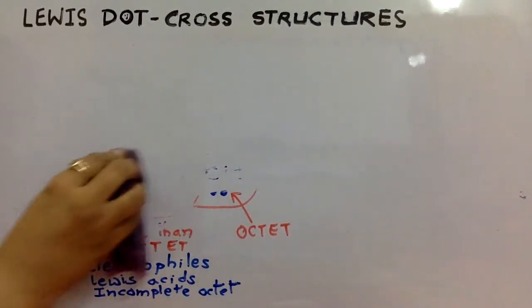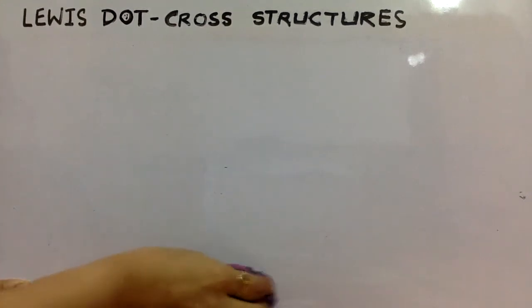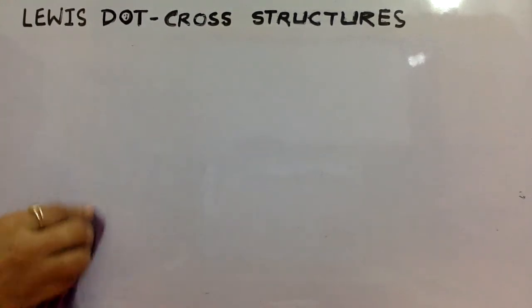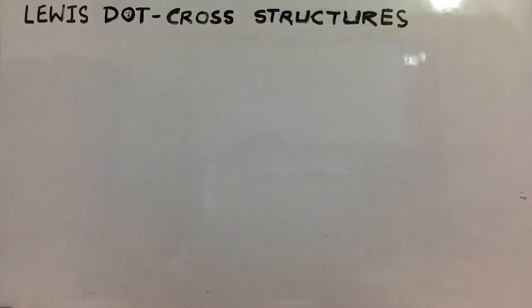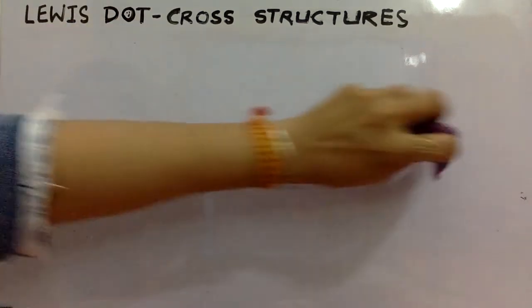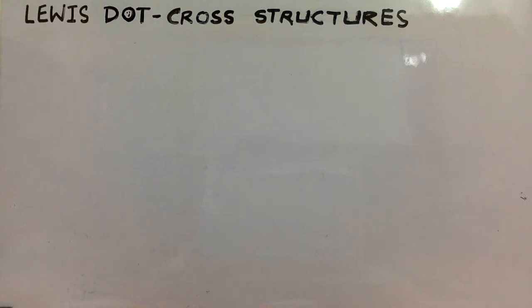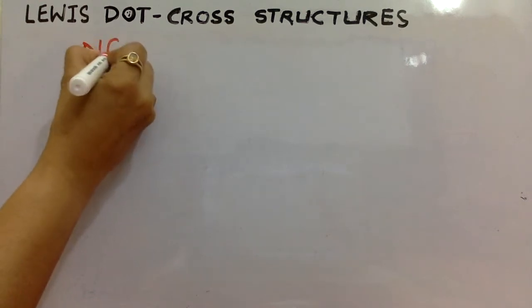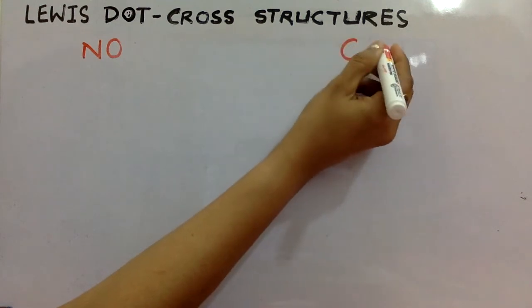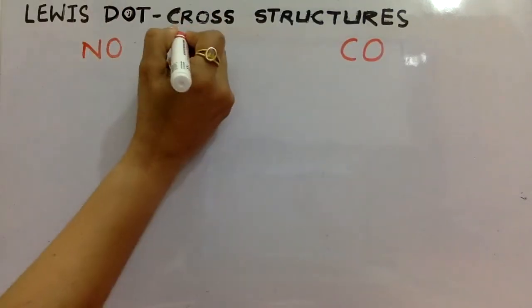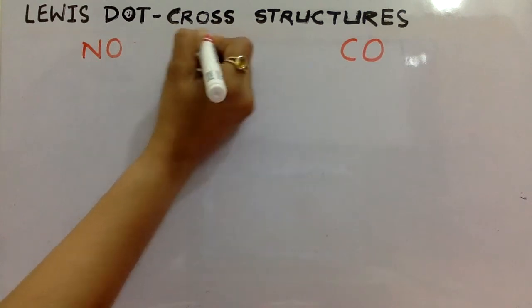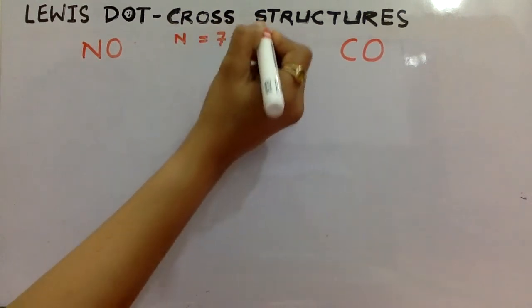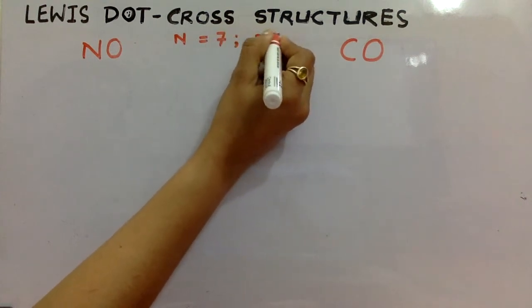That is NO and CO. We need nitrogen, 7, that is 2,5 configuration.